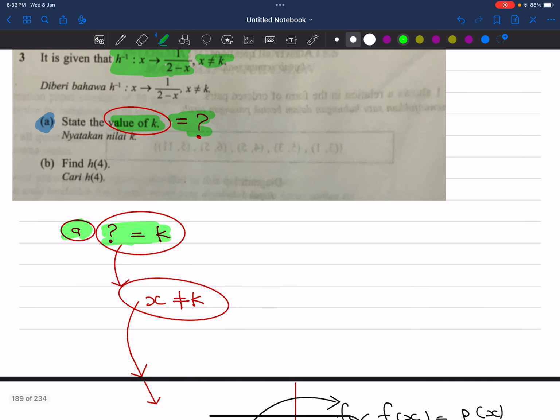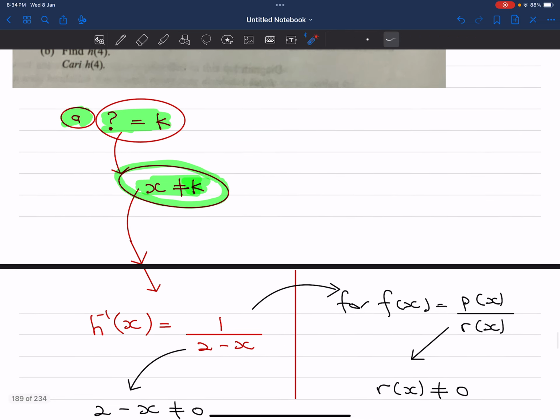Therefore, I must go to information involving k. I go to information involving k, which is x is not equal to k.